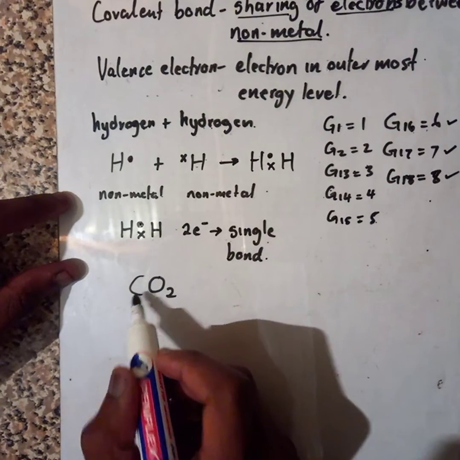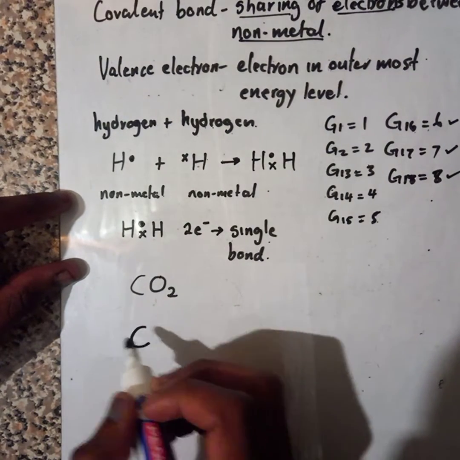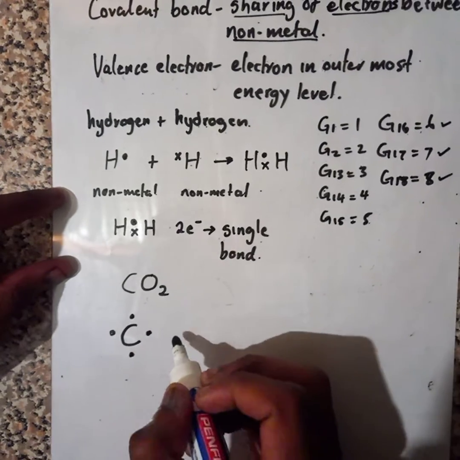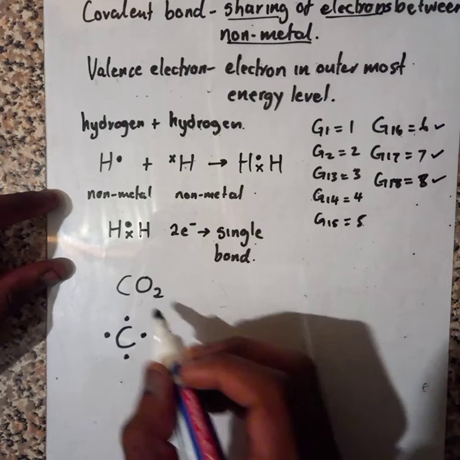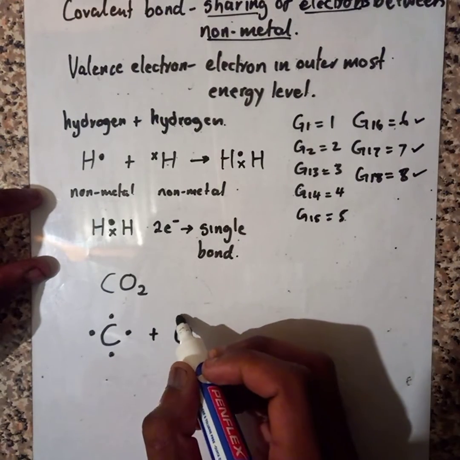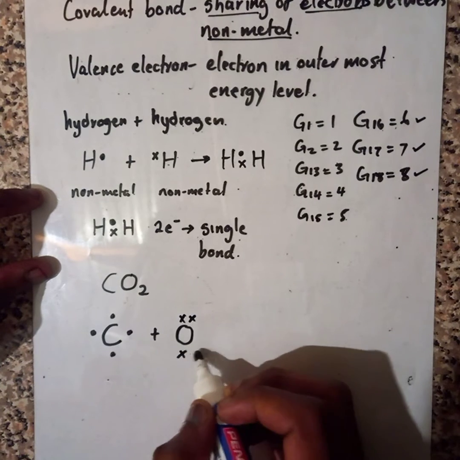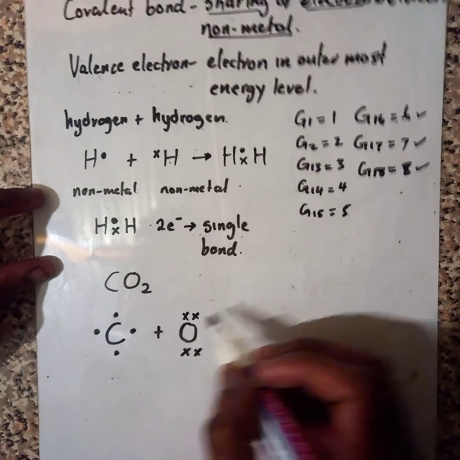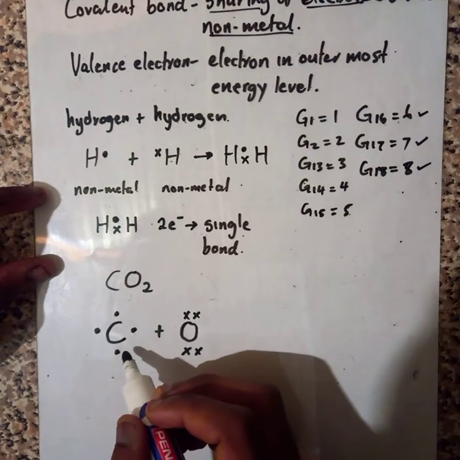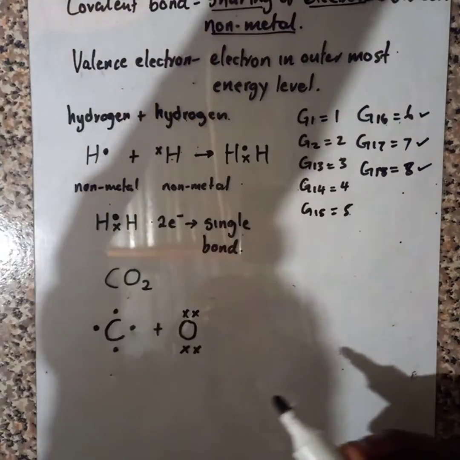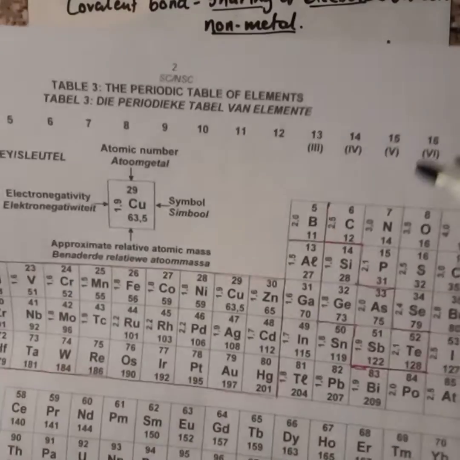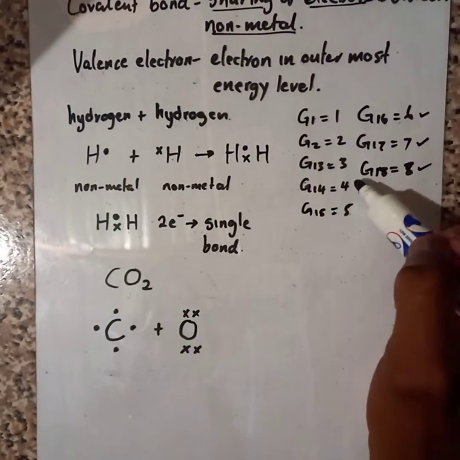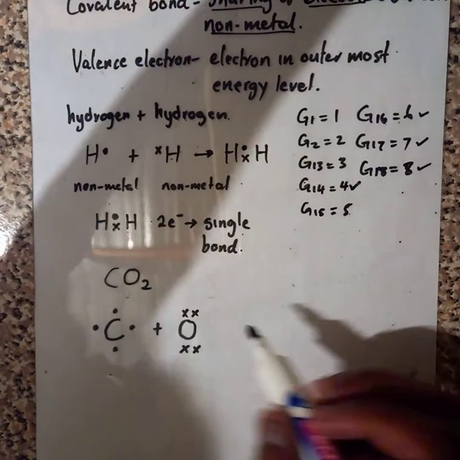It's so simple. We have only one carbon, 1, 2, 3, 4, plus 2 of oxygen, 1, 2, 3, 4. Oxygen is situated in group number 16. Then carbon is situated in group number 14. It will have 4 valence electrons.